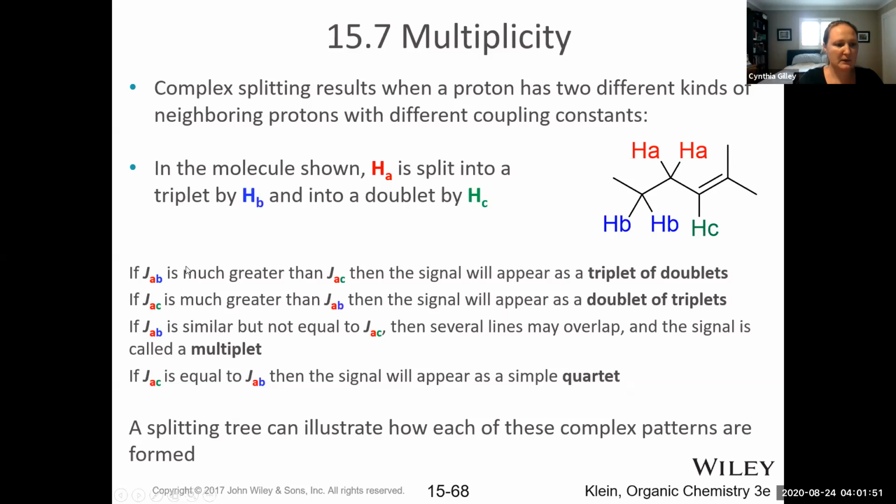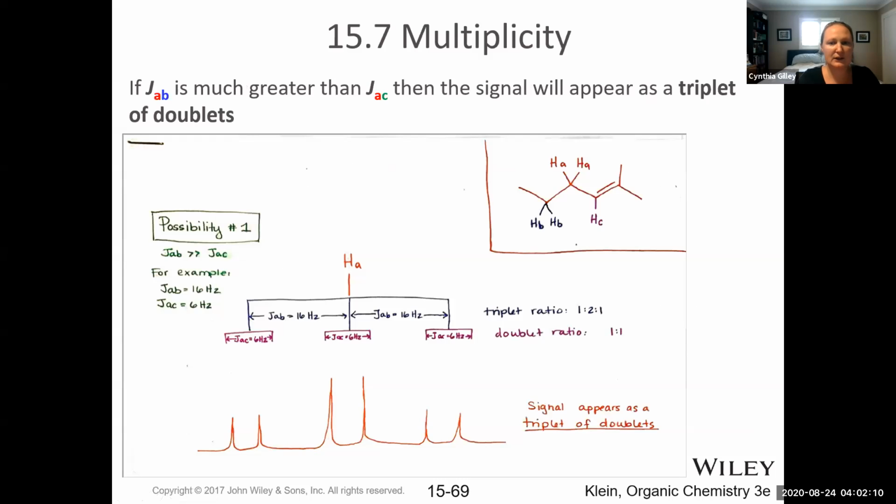So we're going to go through these four different possibilities based on coupling constants from B affecting A and C affecting A, to see what the signal for HA could look like. There are four possibilities. All right, so let's look at the first possibility.